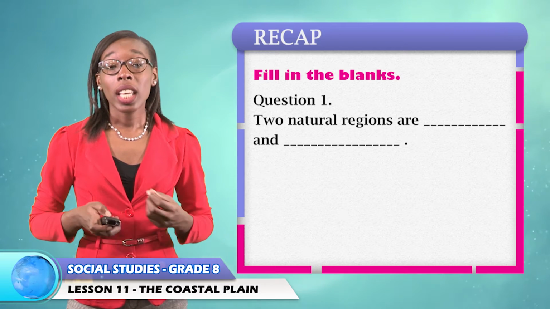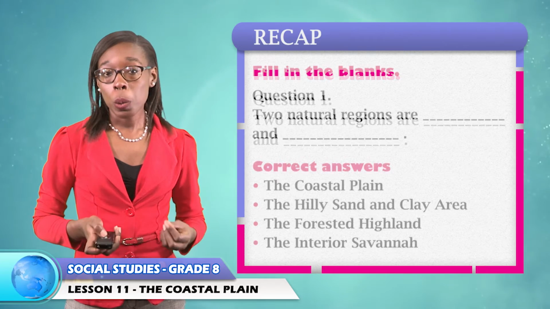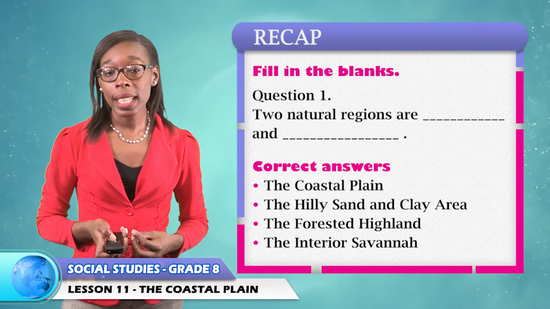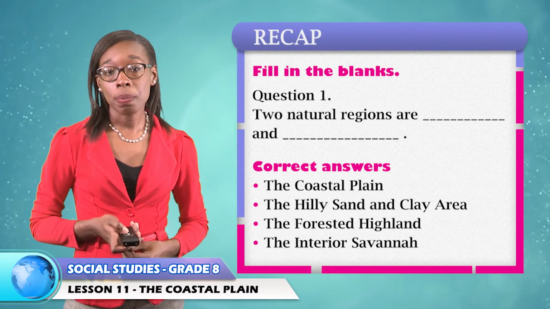All right. If you provided two of the following responses, then you are correct. The coastal plain, the hilly sand and clay area, the forested highland, and the interior savanna.